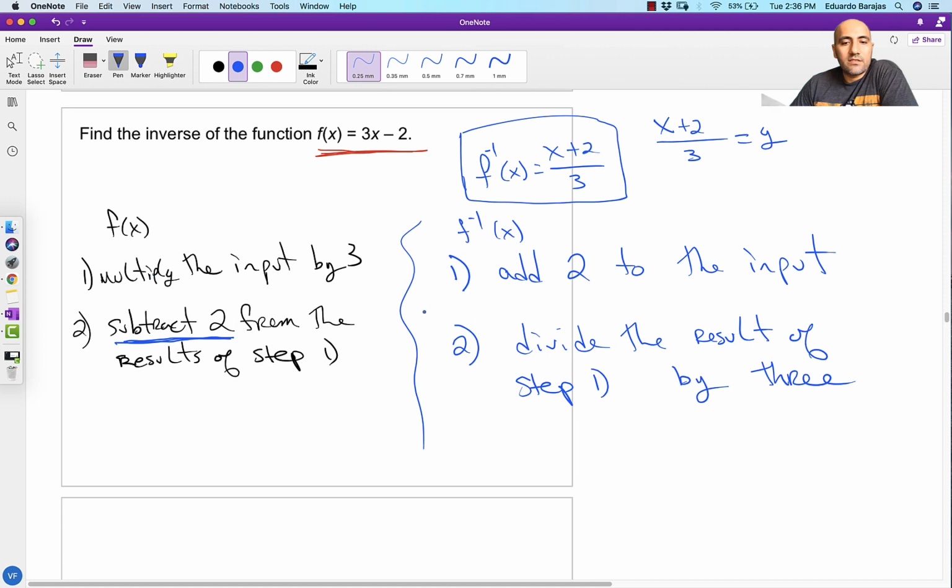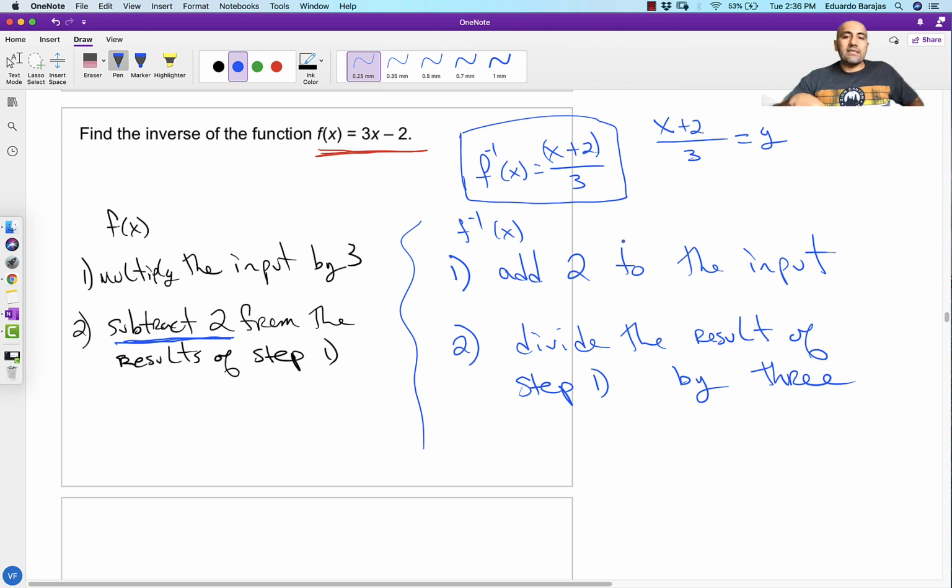Okay, that's the opposite of this. So this will undo that, and this will undo that. And now if we think about a way to describe these set of instructions, the input plus 2, okay, x plus 2, and then whatever we get as a result of that, we divide by 3. That's what this is. So there you go. F inverse of x must be equal to this equation.